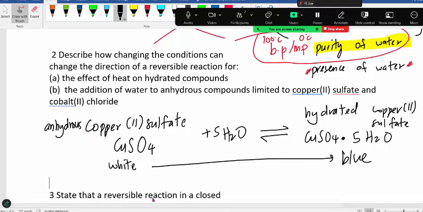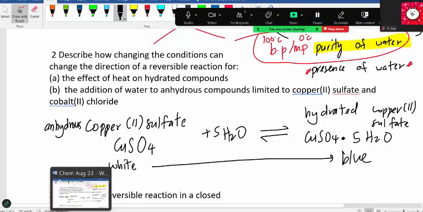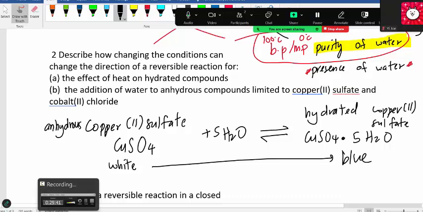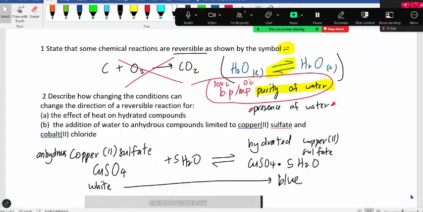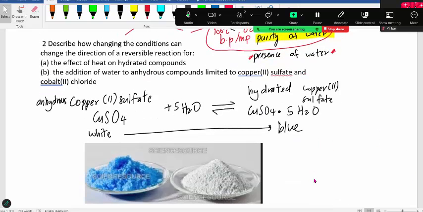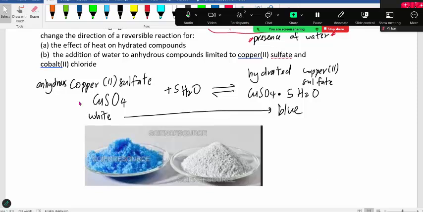Can you write this down, please? If you heat it up, it will change back. Okay, so when I have anhydrous copper 2 sulfate, it's white. So here is anhydrous.